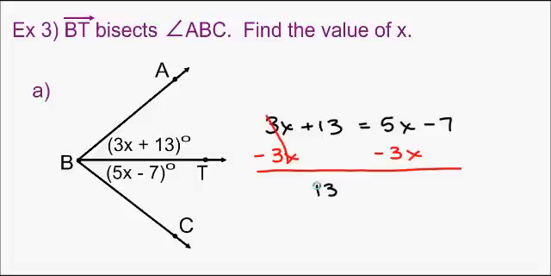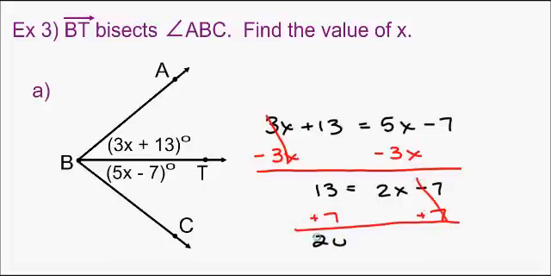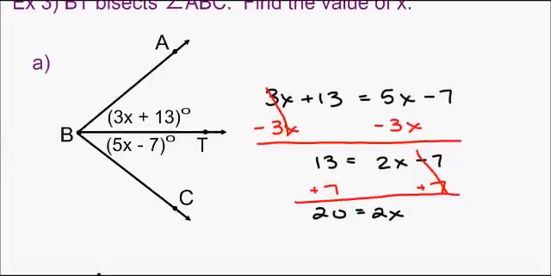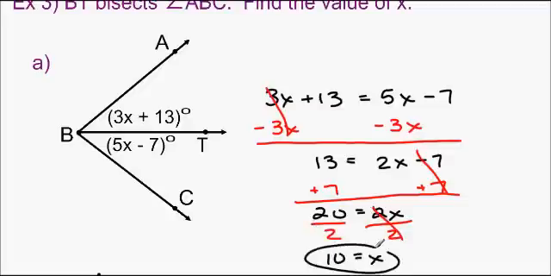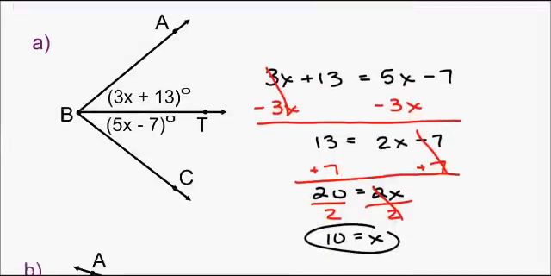We get 13 equals 2x minus 7. Add 7 to both sides, trying to get the x by itself. So 20 equals 2x. Divide by 2. And x equals 10. So that is our answer. If you wanted to check that, you could go back and plug x in here and see if you get the same angle measure.